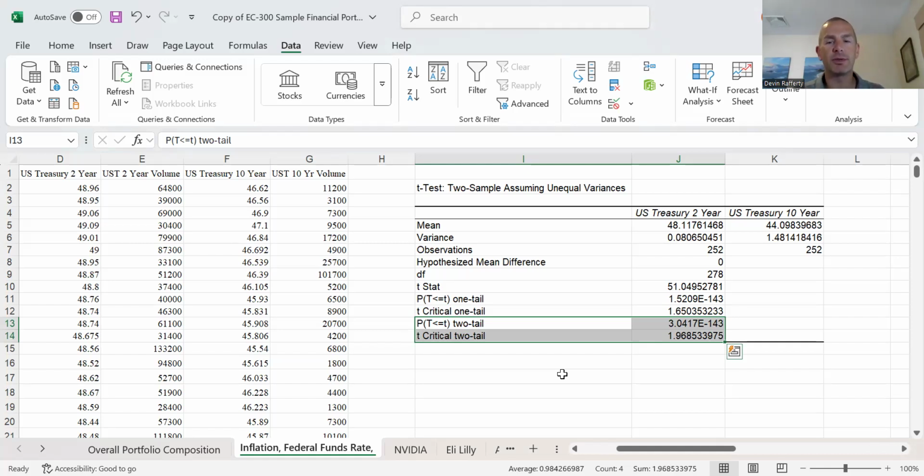And then the p-value, like we said, was 3.04 times 10 to the negative 143. In other words, it's 0.00000000304. And therefore, not only do I reject the null hypothesis, but I am extremely, extremely, extremely confident that I can reject the null hypothesis because I'm extremely confident that the 2-year treasury bond and the 10-year treasury bond do not have the same price, right?